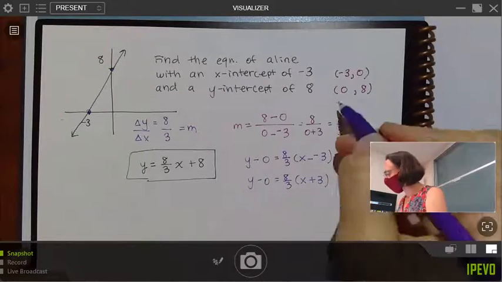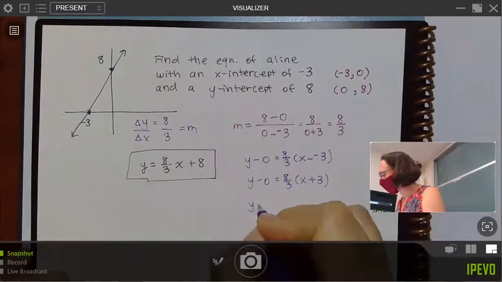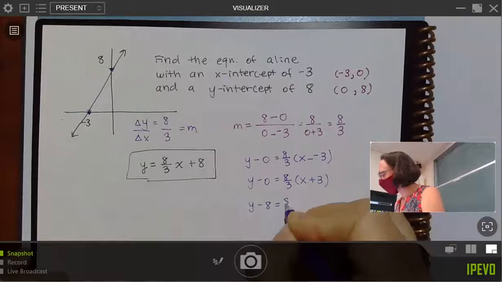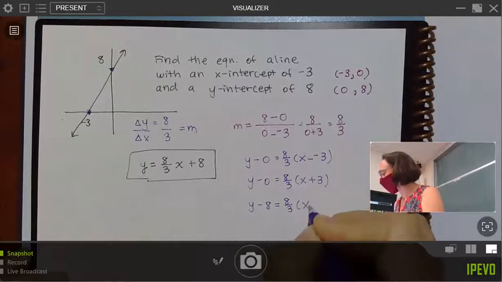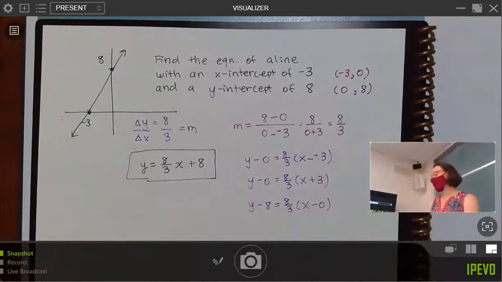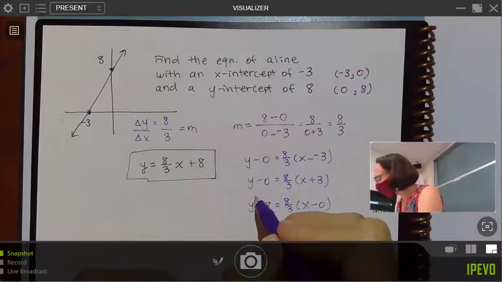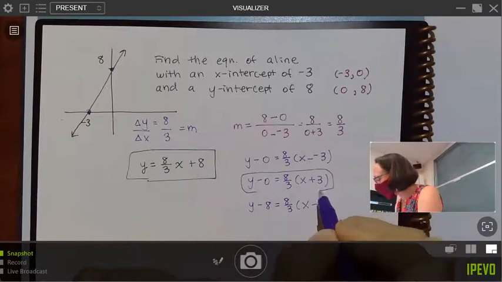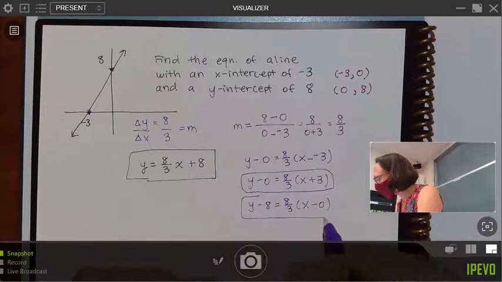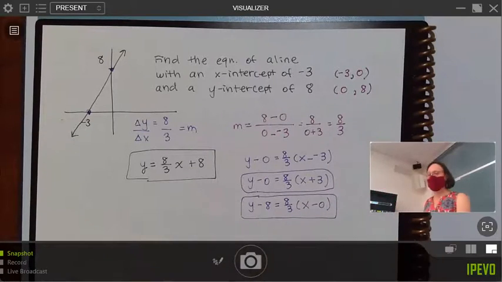Or using the other point, we'd have y minus 8 is equal to 8/3 of x minus 0. And I claim that all 3 of these equations are secretly the same, just with different things in disguise.